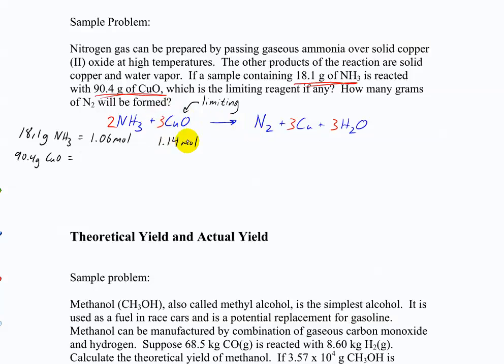So you need 3 of these to make 1 of these, and that's our limiting one. And what do you get there? 0.3 what? So 0.38 moles of nitrogen are going to be formed.